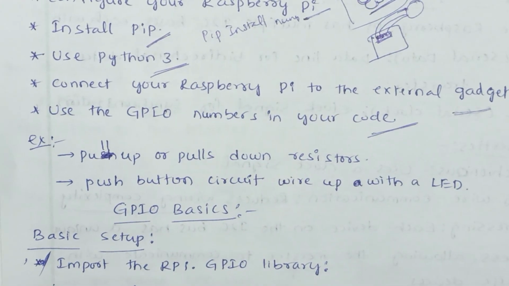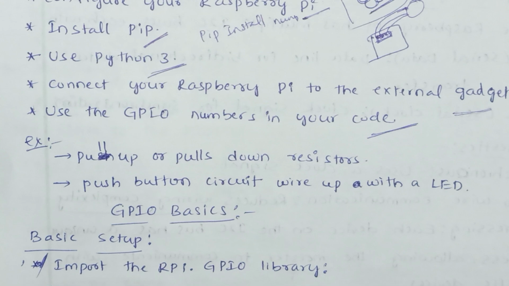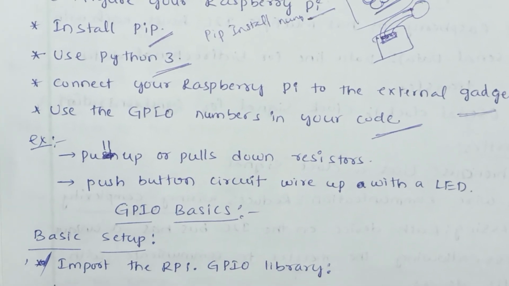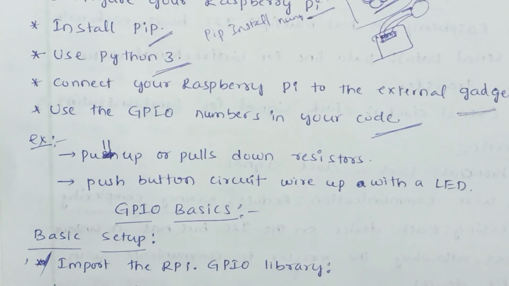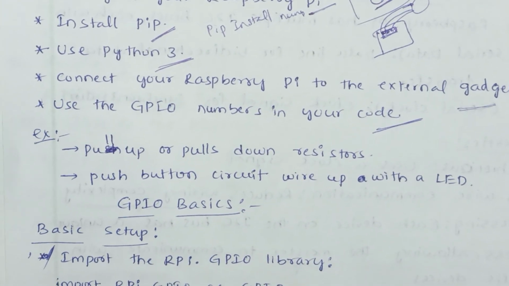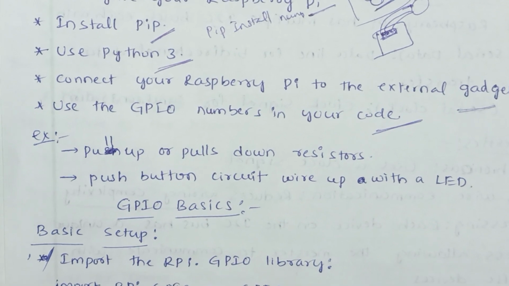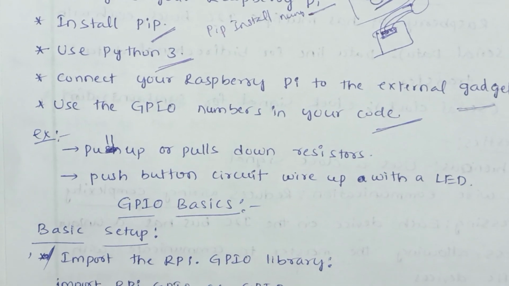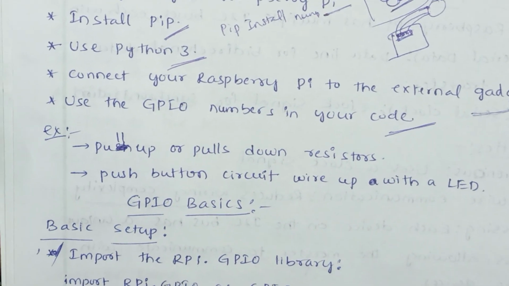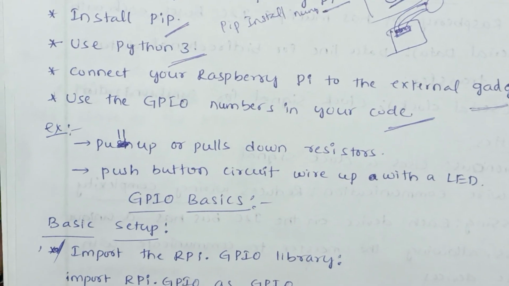So GPIO is nothing but a type of location, we can say. Okay, GPIO, there are some numbers, different types of numbers for different types of operating systems or different types of devices. For each and every external gadget we have different passwords and GPIO numbers.